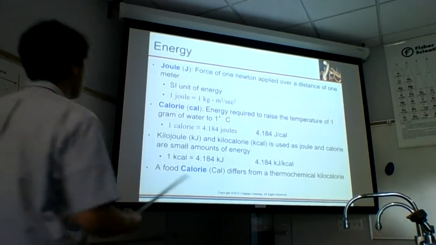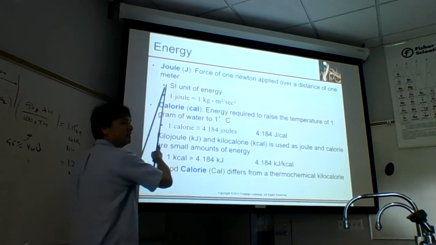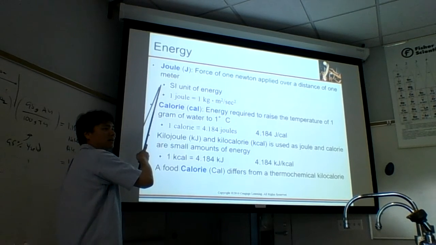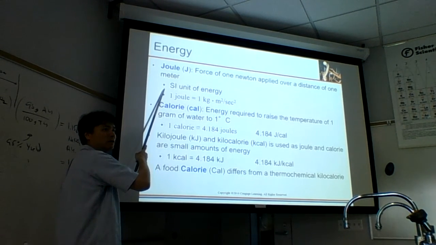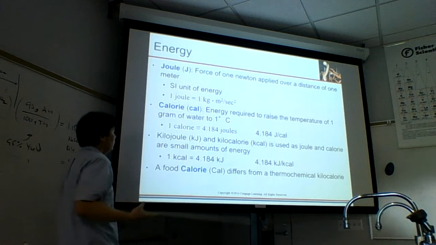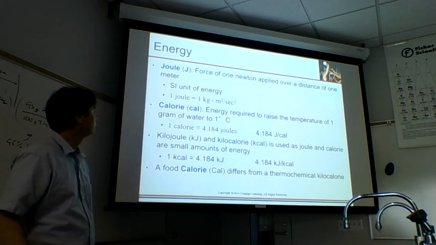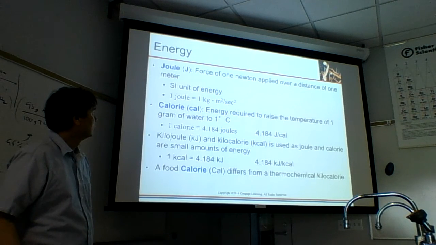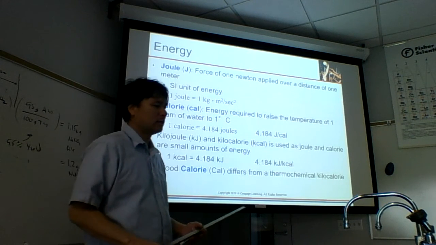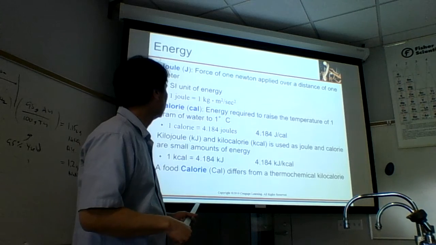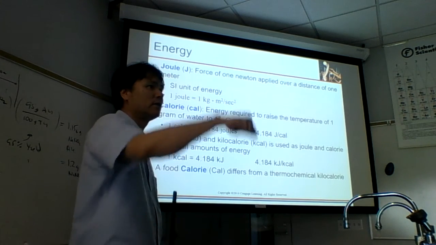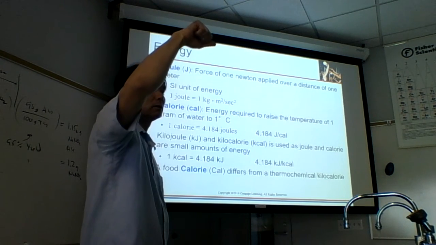You know what SI stands for? The International System of Units. This is the internationally agreed upon standard for energy, which is the joule. The joule is the amount of energy required to lift a 1 kilogram mass by 1 meter. That's the joule.